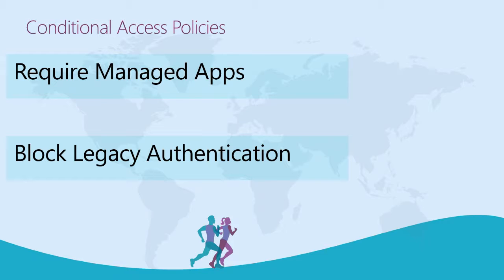I agree with everybody that if you are thinking you have applications that your business cannot live without, and those applications are using basic authentication or legacy protocols, we can have different custom policies, right? When you look at your conditional access policies, and if you didn't look at my session yesterday or didn't get a chance to attend that, you can look at the recordings as well, and you will see that.